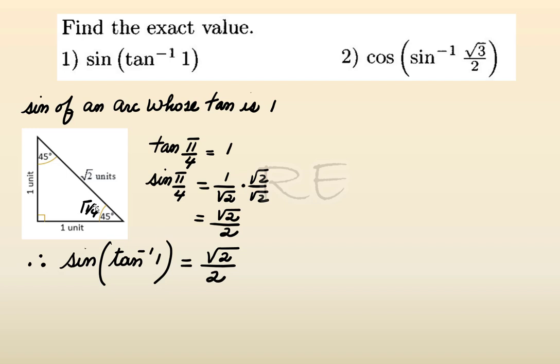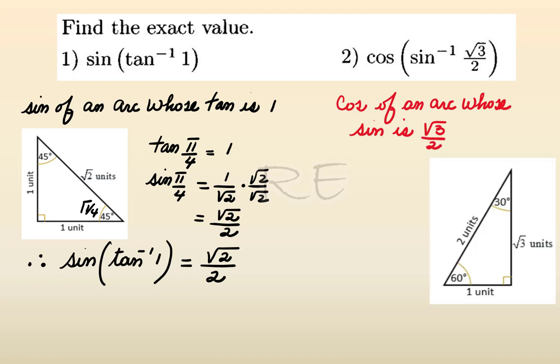For number 2, we're looking for the cosine of inverse sine square root of 3 over 2, which means we are looking for the cosine of an arc whose sine is equal to square root of 3 over 2.